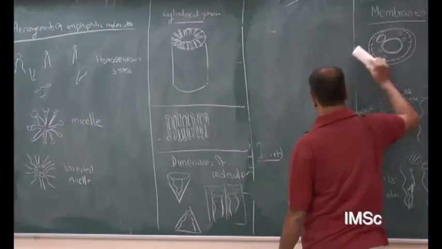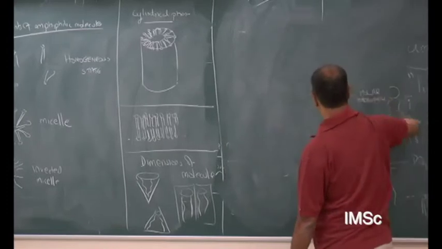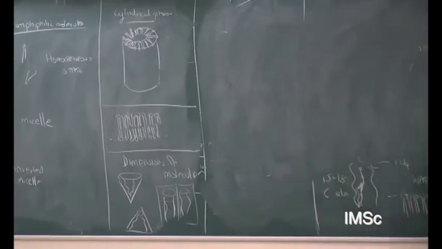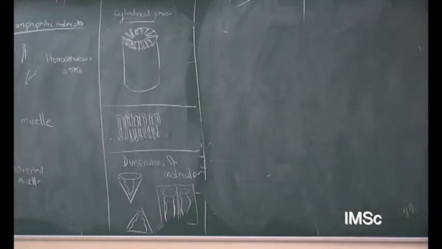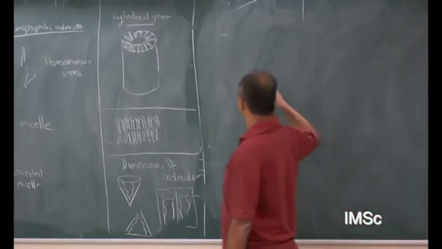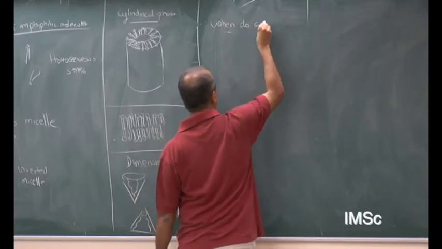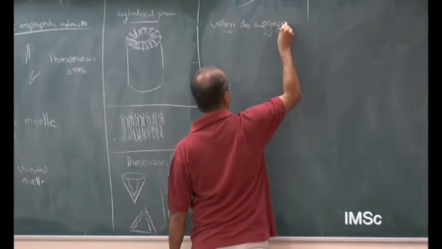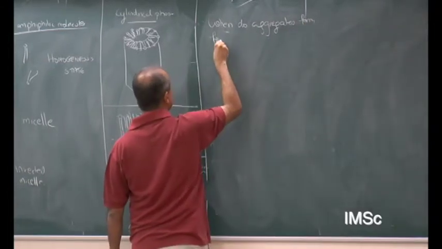So now let's do a simple calculation of when membranes begin to aggregate, or when aggregates begin to form from the homogeneous state. So let's pose the question as, when do aggregates form from the homogeneous state?